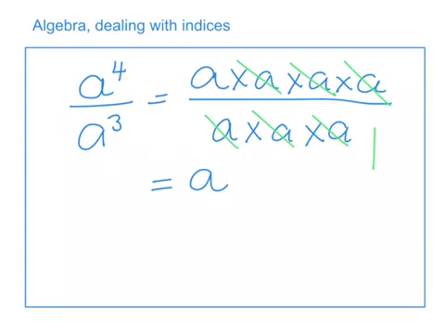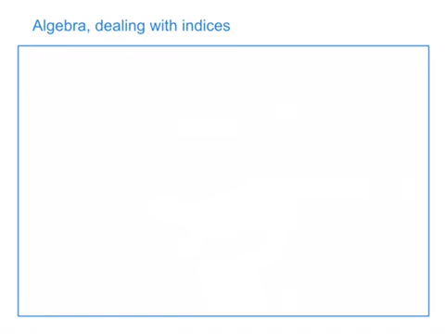So a on its own is the same as a to the power 1. We wouldn't normally write that 1 because it just means a on its own. So you can subtract the indices when you're dividing like that.